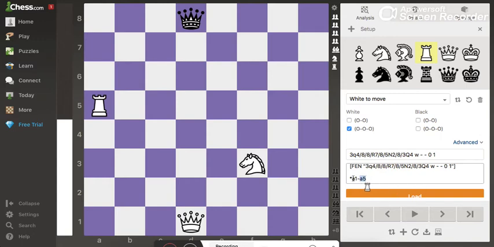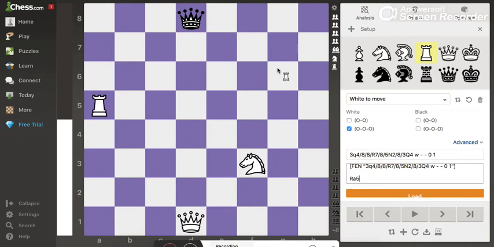This was the way we used to write it in the old times. But in modern times it's like rook a5. Okay, fine. If you want to practice it, you can remove your chessboard and practice a5, all kinds of notations.